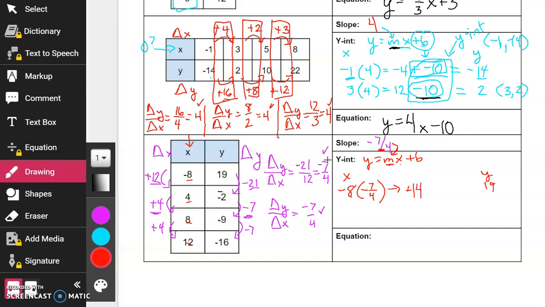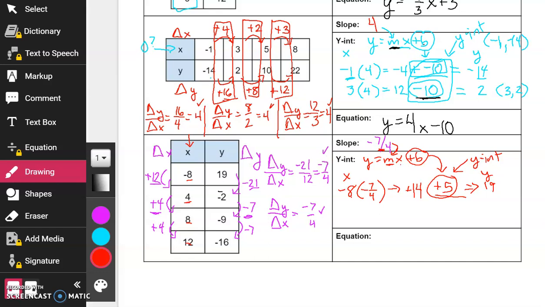But I need to get to 19. I'm at 14. So now I'm looking for what is my additional amount? Well, 14 plus 5 gets me to 19. That should be my y-intercept. What do I have to add to finish getting to that y value?